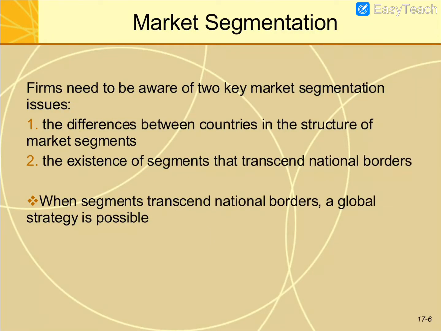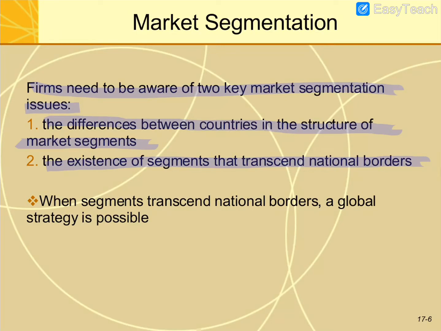Firms need to be aware of two key market segmentation issues. First, the differences between countries in the structure of market segments, and second, the existence of segments that transcend national borders.